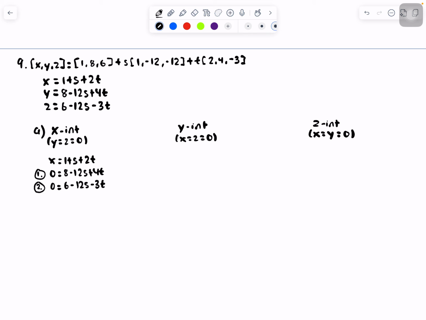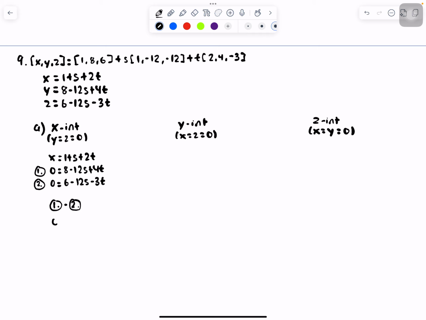What we can do is recognize that it's quite easy to eliminate s here if we just subtract the 2 equations. So we'll do 1 minus 2, or 1 plus negative 1 times 2. Similar thing, if you want to think about it like that. That's going to result in 0 equals 8 minus 6, which is 2.